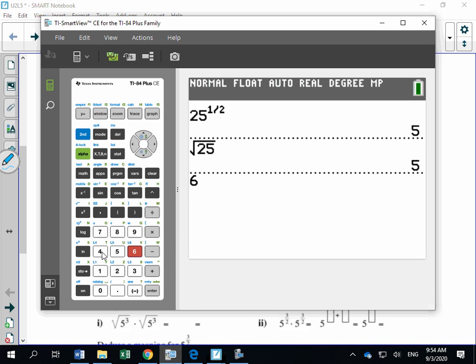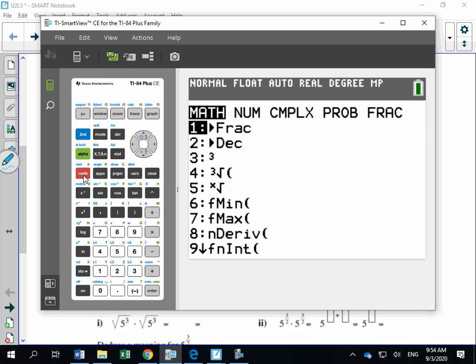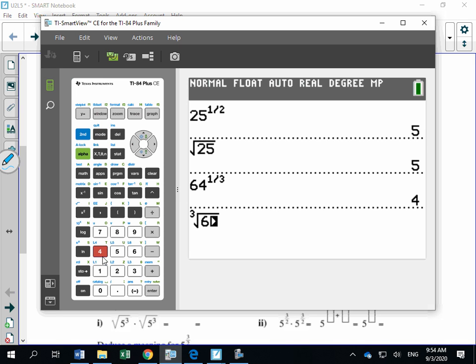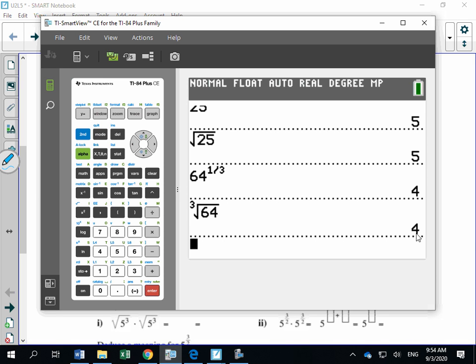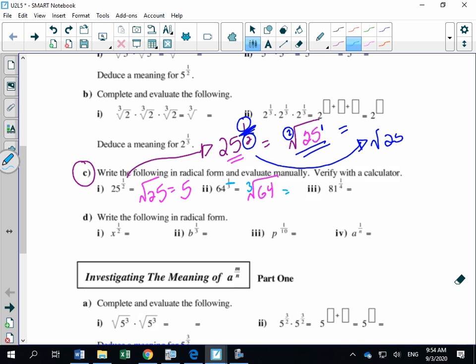So 64 to the power of 1 divided by 3 is going to give us 4 as an answer, or we could do the math button. Number 4 is our third root of 64. And remember, that third root tells you you're going to multiply 4 3 times, right? 4 times 4 times 4 is 64. So our answer is 4.